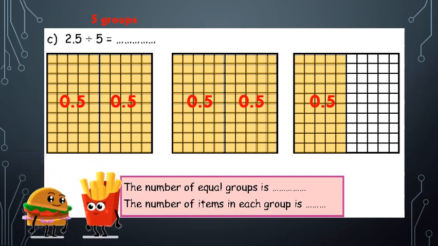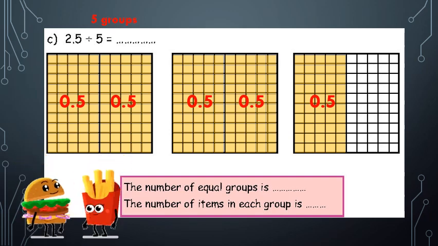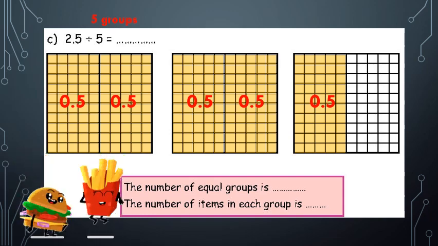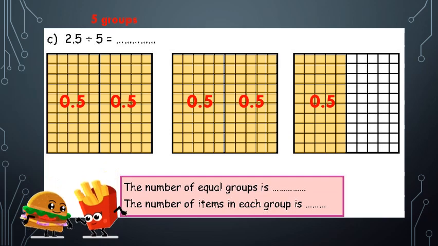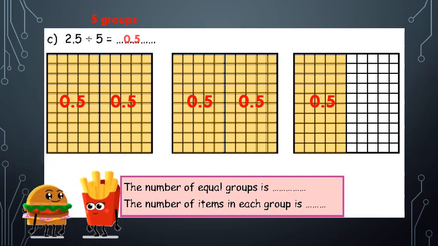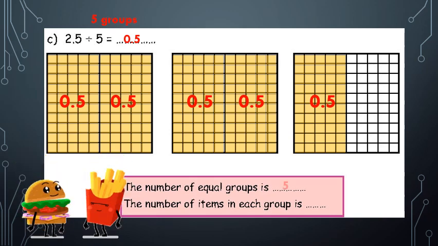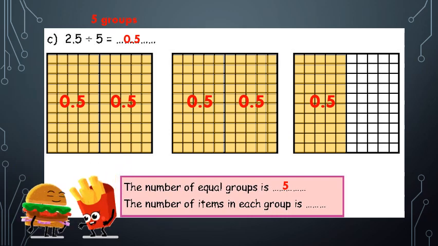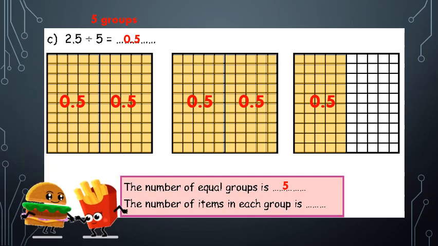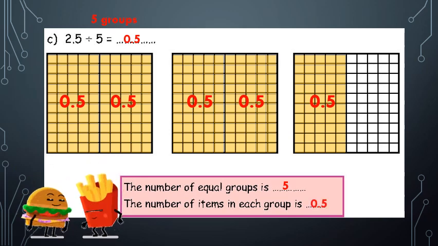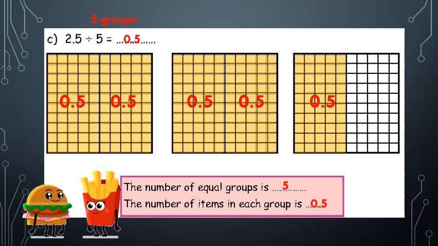Each group contains 5 columns, that means 5 tenths. So the answer equals 5 tenths. The number of equal groups is 5, and the number of items in each group is 5 tenths.